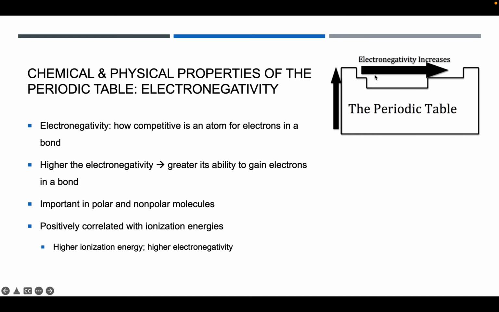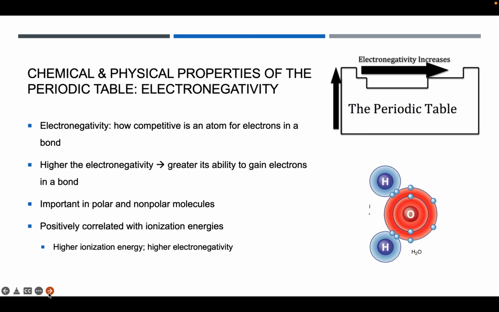So you can see oxygen would be way more electronegative than hydrogen. And here is an example of what I meant. That oxygen is more electronegative, so it's going to pull these hydrogens to this pole and make a polar molecule.